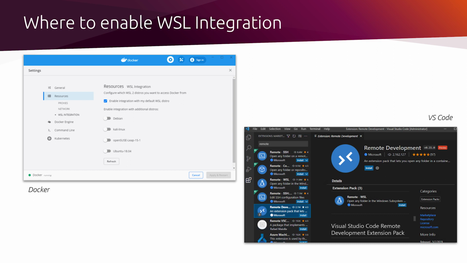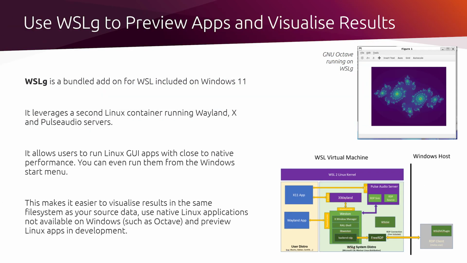We'll have a little screenshot there where you can find the settings to activate those extensions, both Docker Desktop and Visual Studio Code. And finally, we've got WSLg. So we talk about WSL1, WSL2, and now WSLg. WSLg is not for a greater WSL, it's G like graphic.